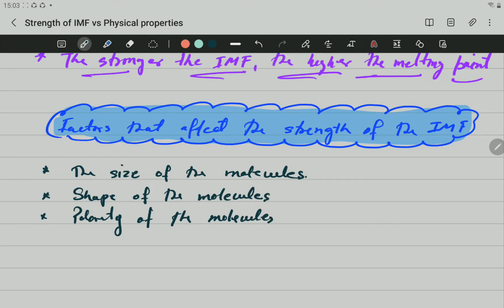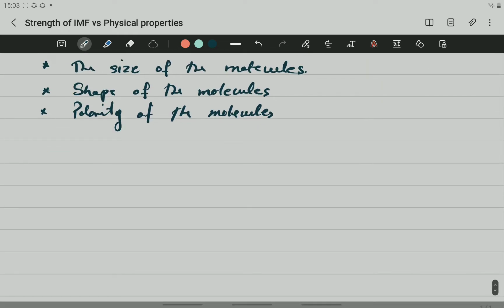So the size, the shape, and the polarity of the molecules are the three factors that affect the strength of the intermolecular forces and therefore the boiling and melting point. Let's start one by one and see how those different factors affect the strength of the intermolecular forces.